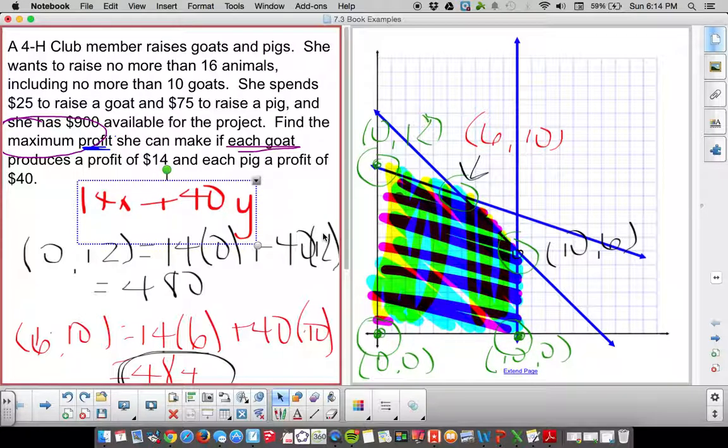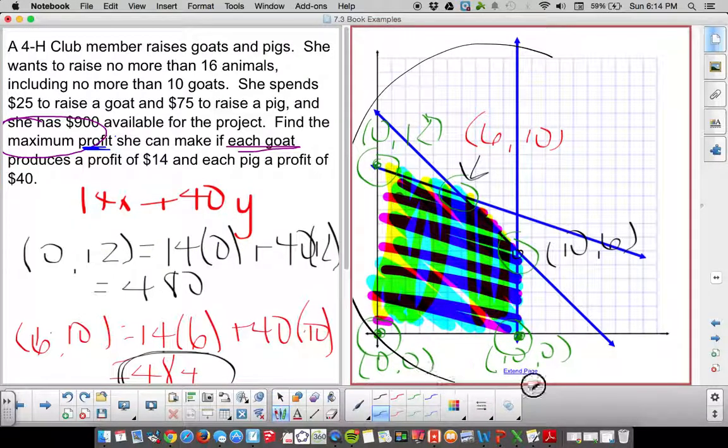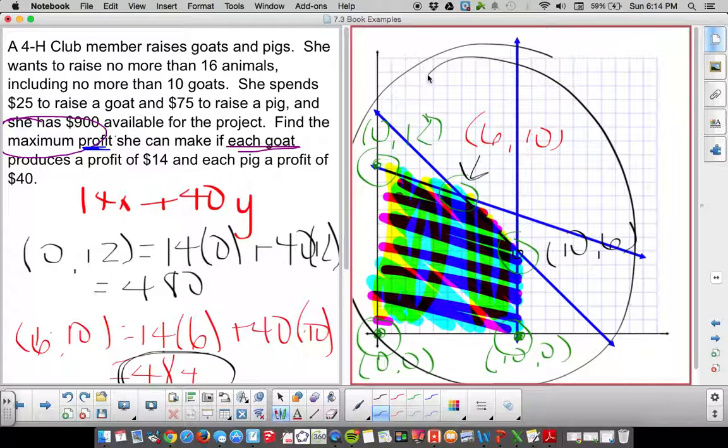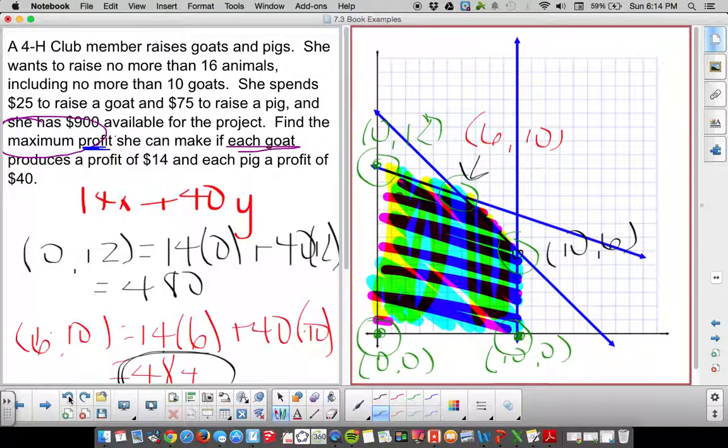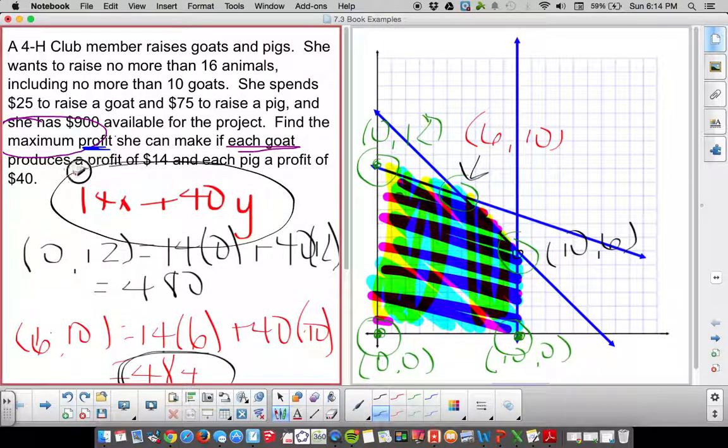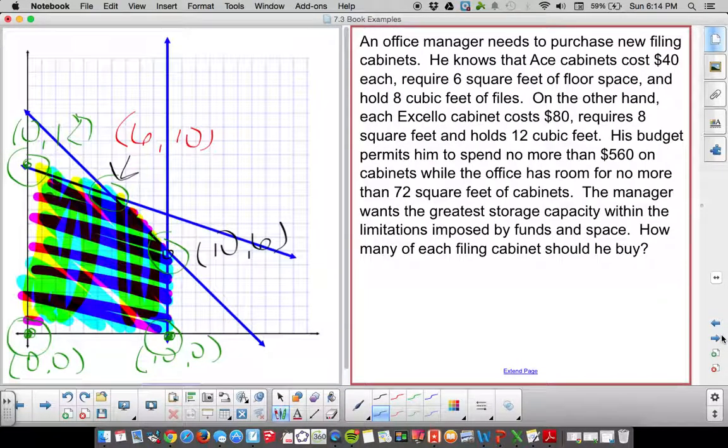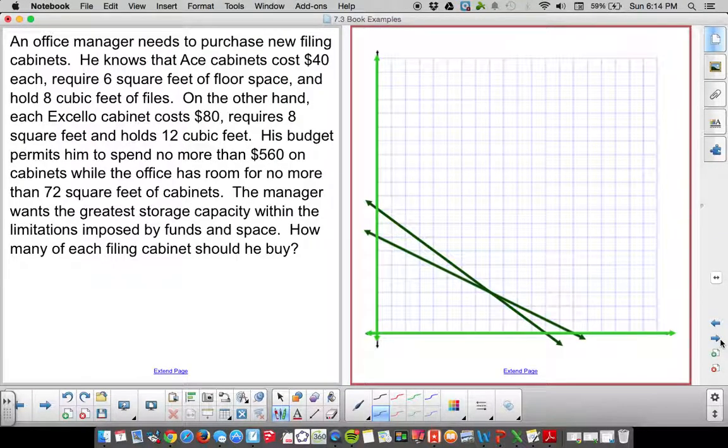We graphed those constraints and found our feasible region. Once we found our feasible region, we found our corners and then tested our corners in our objective equation, which was the one we needed to maximize.